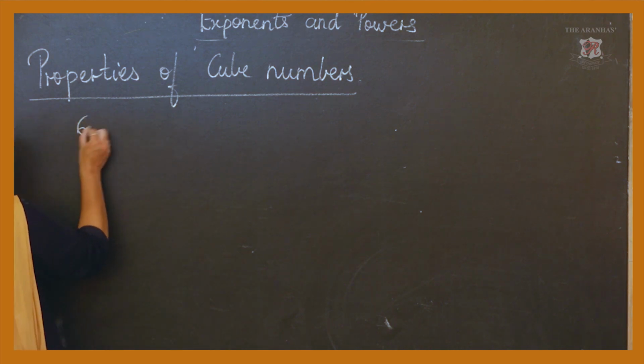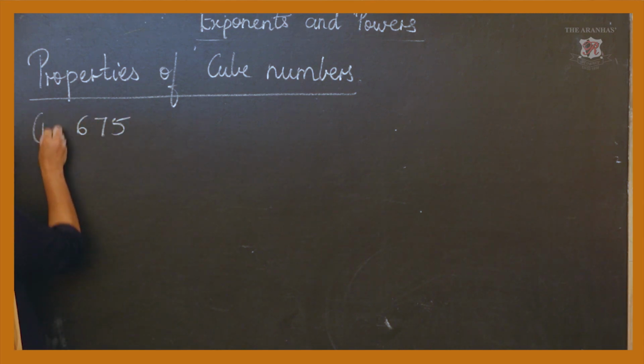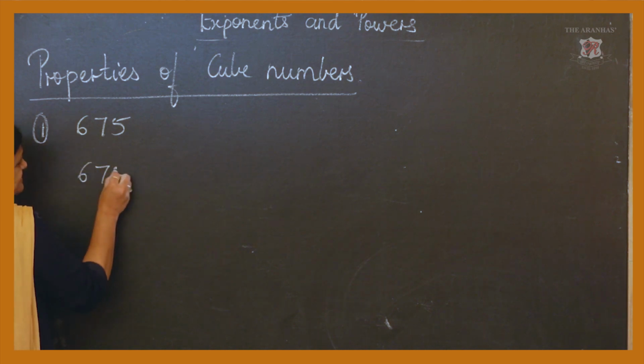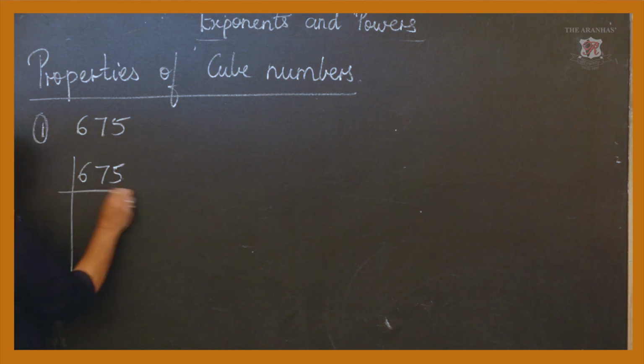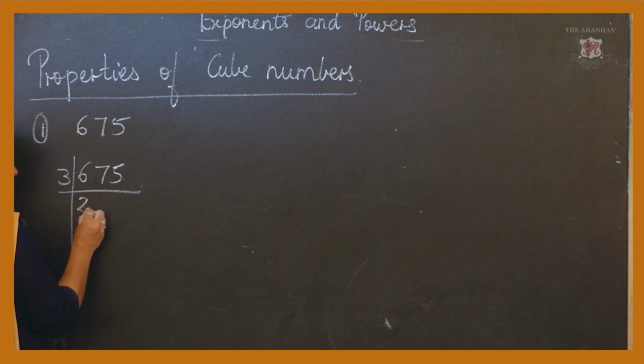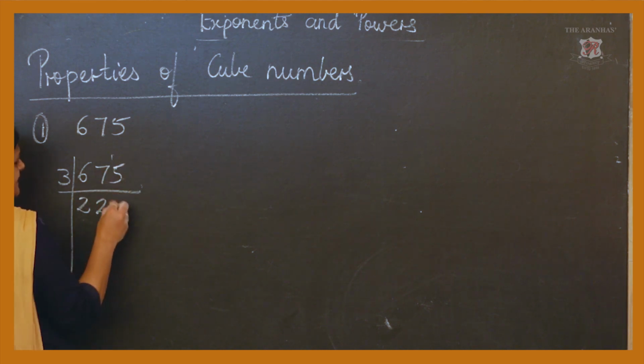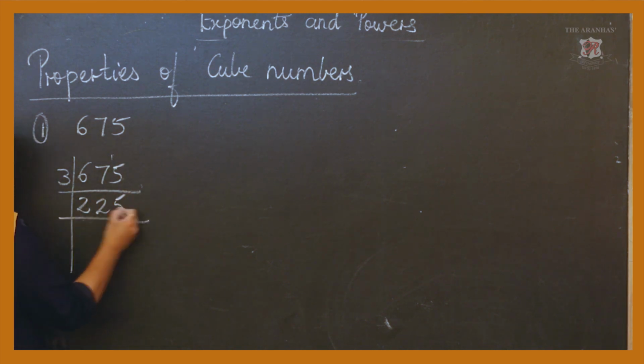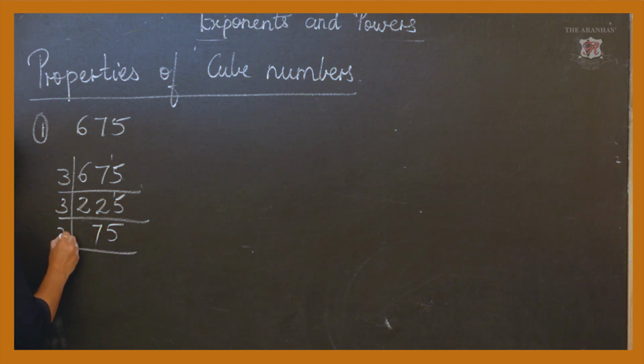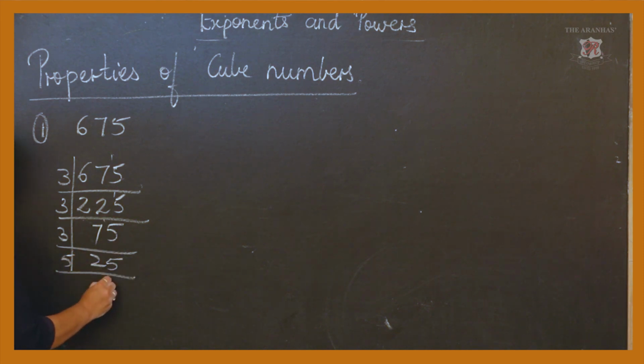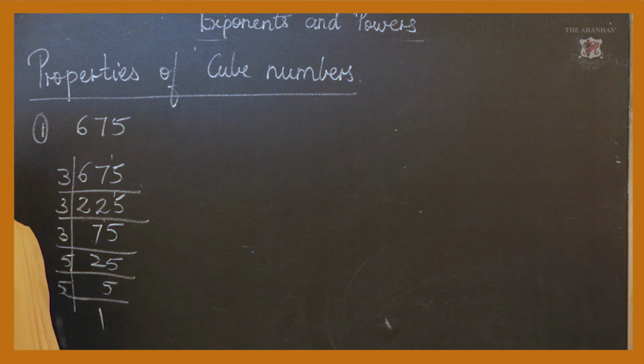Now we are taking the sum as 675. So 675 again we are going to do by prime factorization. 3 2s are 6, 3 5s are 15, 3 7s are 21, 3 5s are 15, 3 2s are 6, 3 5s are 15, 5 5s are 25, and 5 1s are 5.